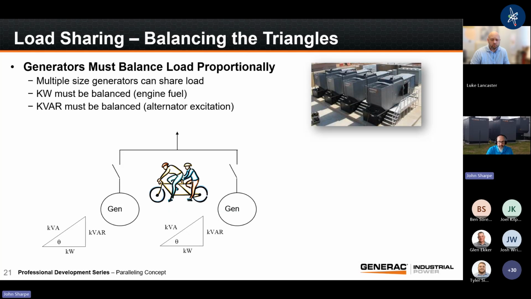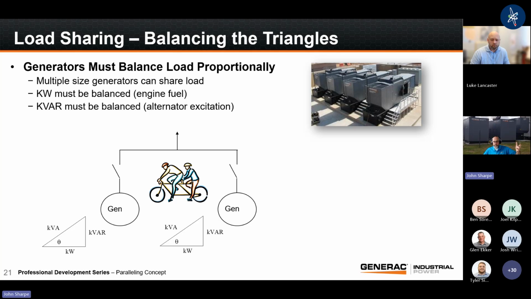Once the two devices are together, we need to be able to balance the load between the two. Okay, so this is what we call load sharing. We want to make sure that both generators are putting out positive amounts of power in relation to what they can contribute. You can take a 1,000 kW generator and parallel it to a 500 kW generator.